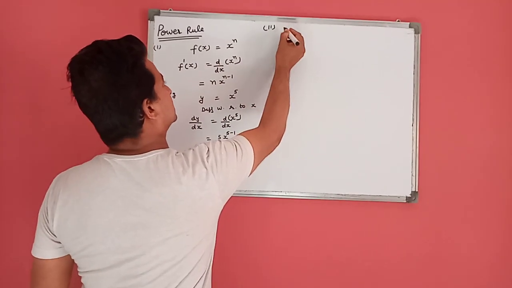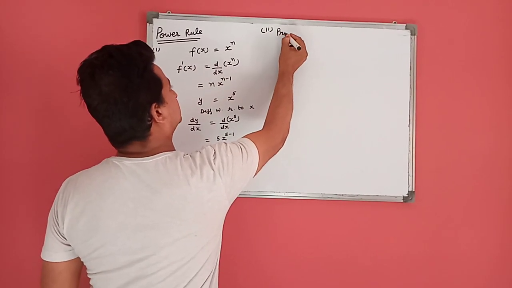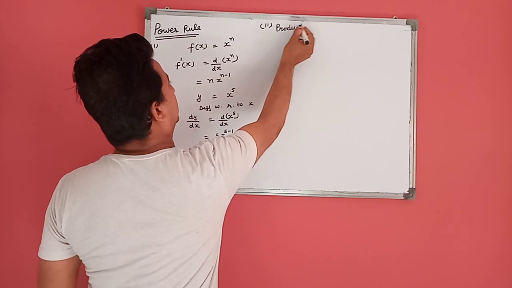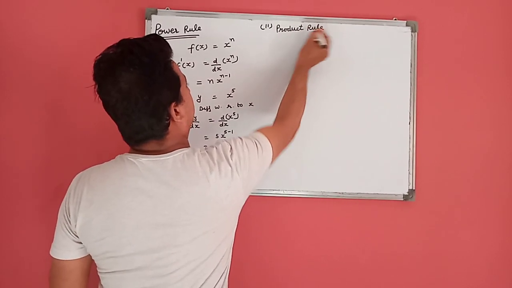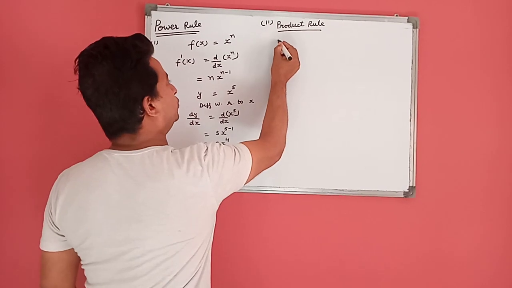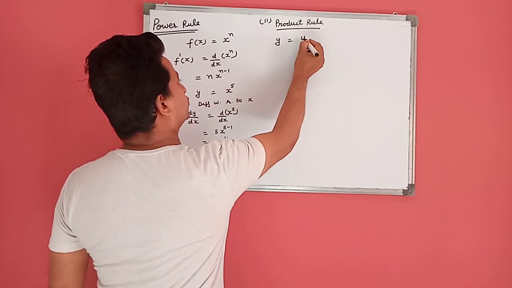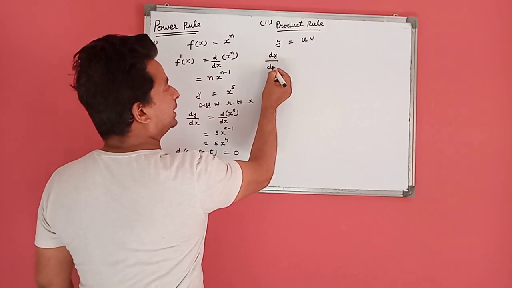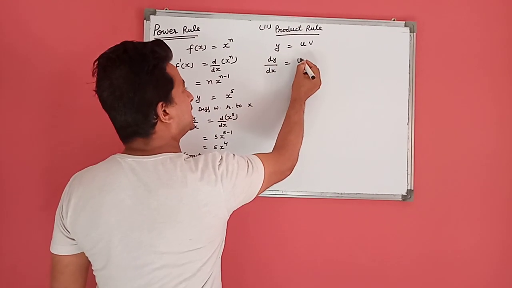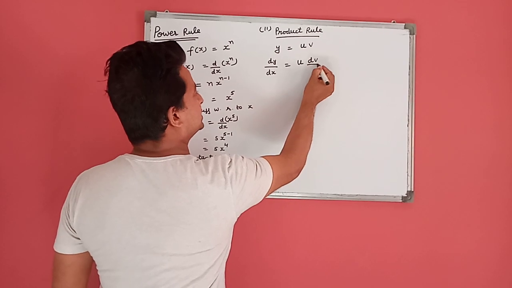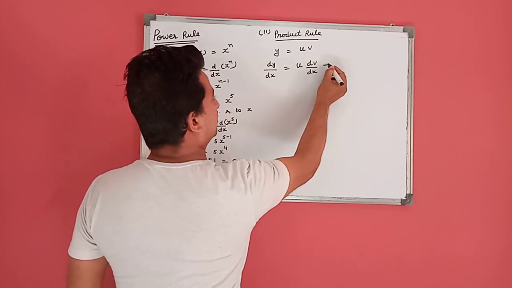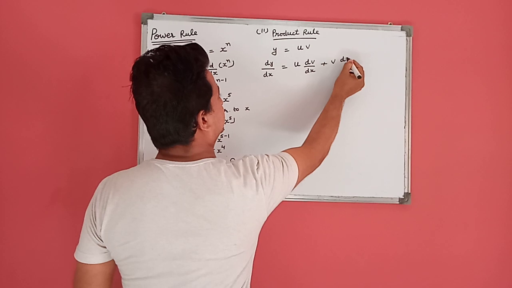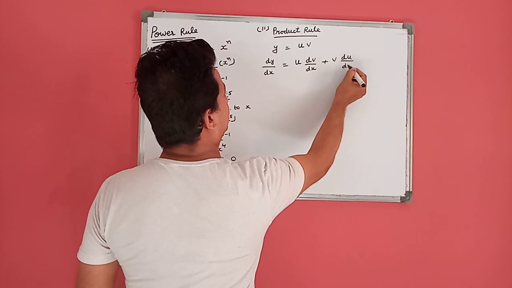The second rule is called the product rule. In the product rule, we have two functions u and v. When we differentiate, the product rule states: u as it is times the differentiation of v, plus v as it is times the differentiation of u.